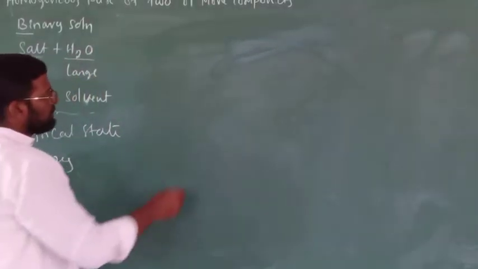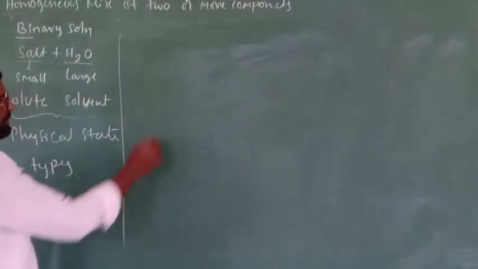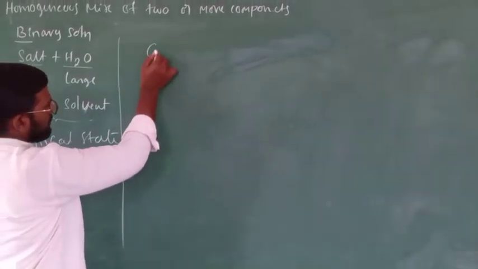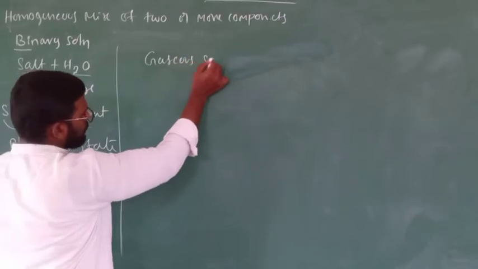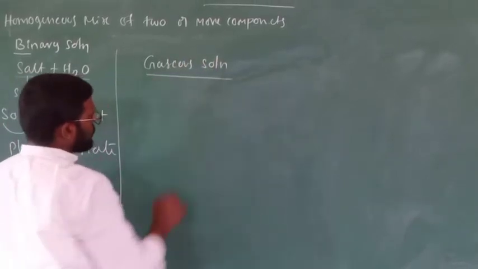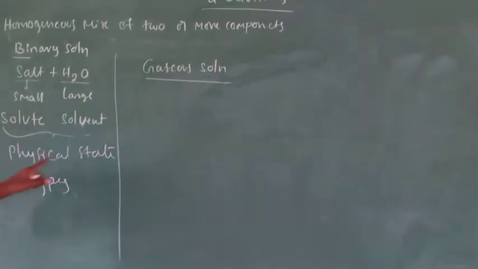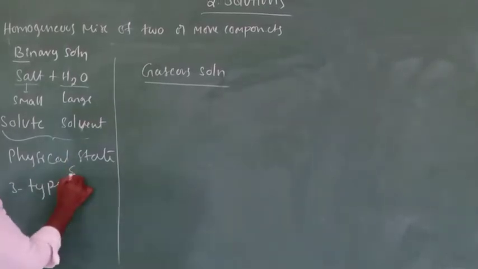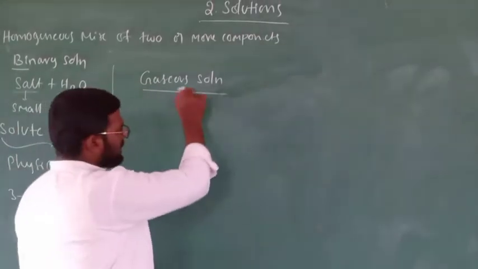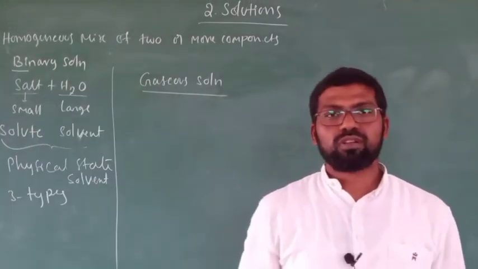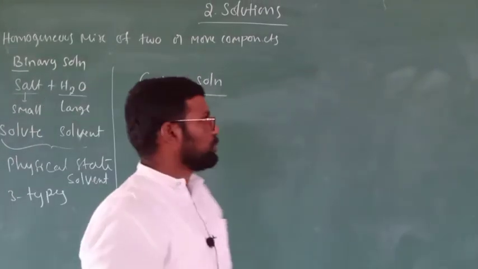I'll write briefly here, and we'll discuss them one by one. First, let's start with gaseous solutions. What are gaseous solutions? Just as I said, based on the physical state of the solvent, if the solvent is in gaseous state, such solutions are called gaseous solutions.